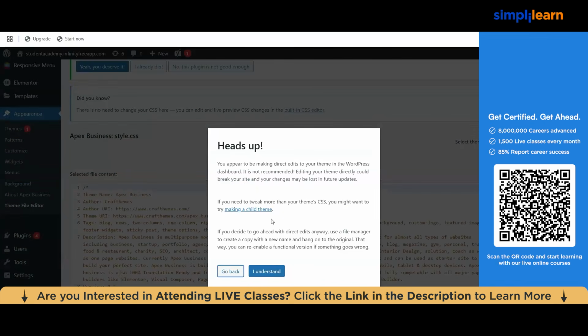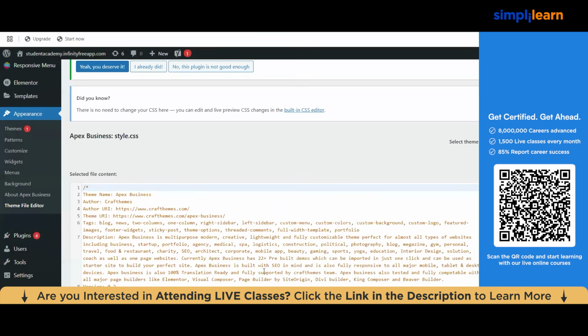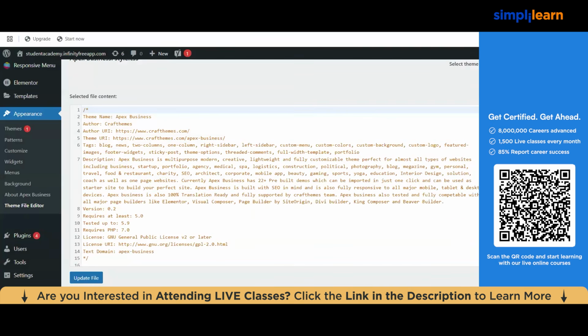See, this is an important message that this is the coding of the website. If you know how to make direct edits to this section, then only enter. Otherwise, don't enter, because it's the coding, and it can change the entire website. So I understand, I'm taking that risk. Once you go there, you have to look for a section called header.php. Can you see header.php written over here?